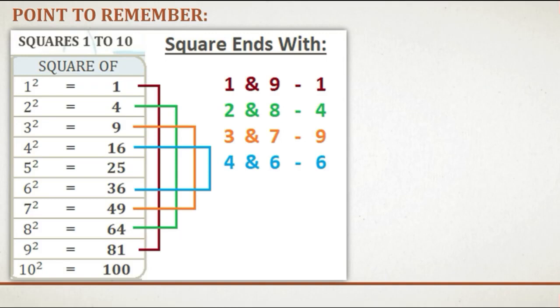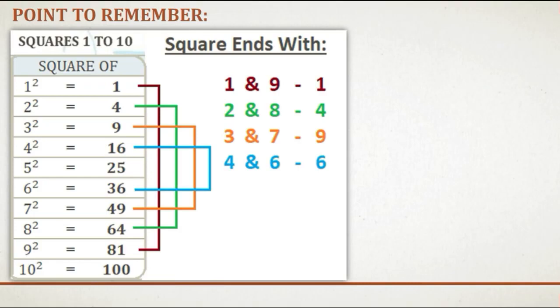Now if you notice, an important thing here is that square of 1 and square of 9 always ends with the digit 1, with the number 1. And the square of 2 and square of 8 always ends with the number 4.